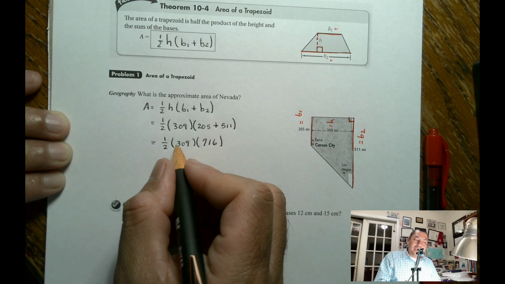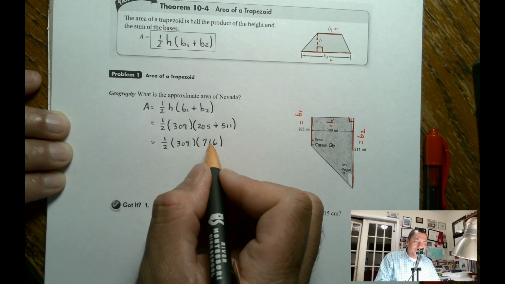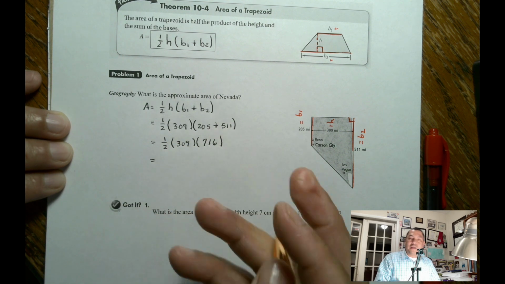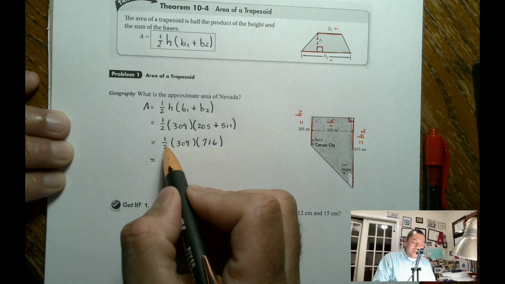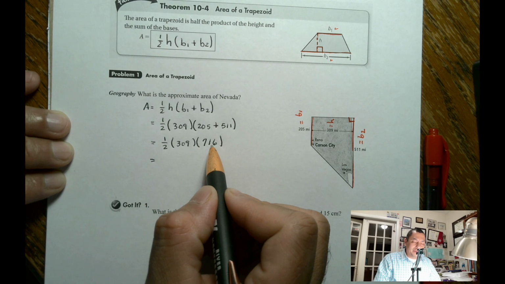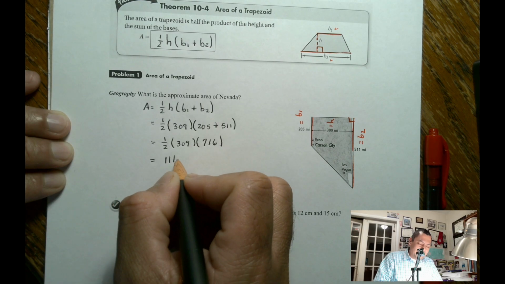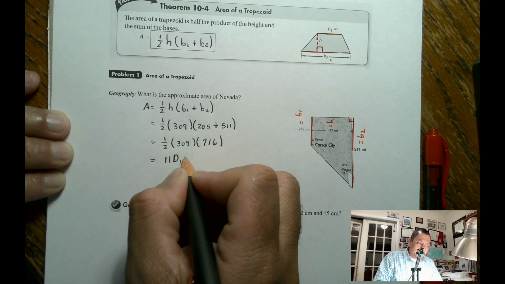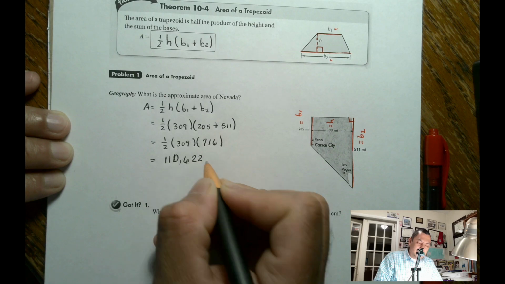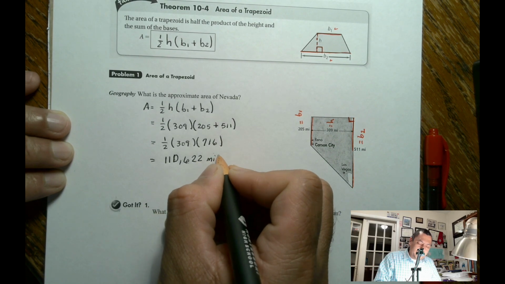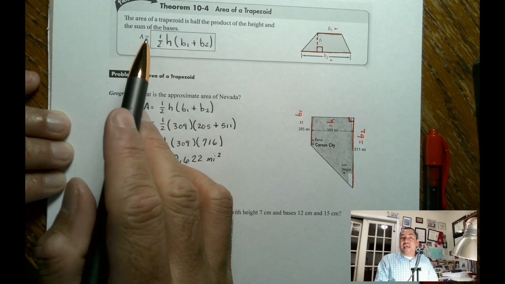Then we can multiply these two and divide by 2. If we plug it in the calculator, 1/2 times 309 times 716 equals 110,622. And remember, the units are square miles, because it's an area.